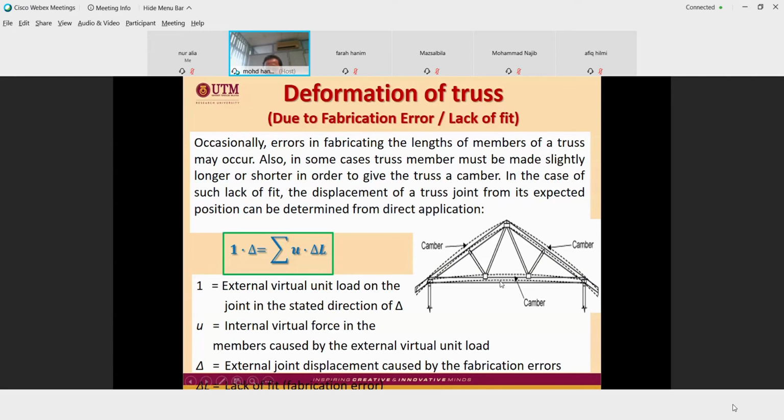We must have horizontal, because if it is not horizontal, then the ceiling or the services conduit will break. So therefore we make it camber.